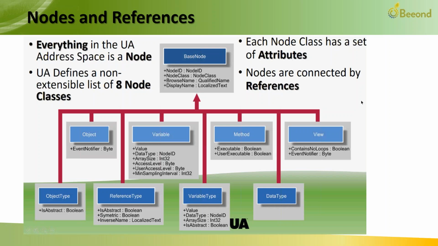You have a base node, so that at the minimum, your node should be identifiable by a node ID structure, which is basically a way to identify the node uniquely within a given address space.